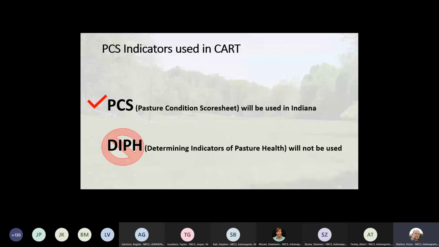We will not be using the DIPH, which is determining indicators of pasture health. This is, for the most part, for slightly more transitional areas and conditions between pasture and range. You'll probably be glad we're not using it because it has 22 indicators instead of just 10, and it takes a lot longer to complete. And yet it addresses pretty much the same resource concerns.